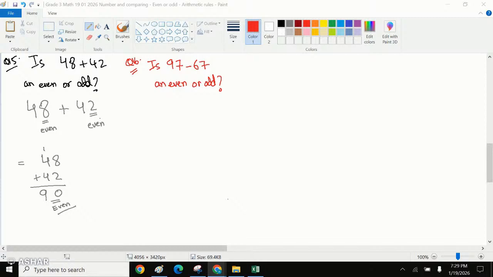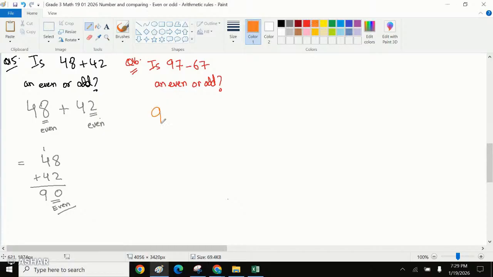Yes, because both the numbers 97 and 67 are odd. So when we are subtracting or adding odd numbers, it will always be even, right? Thank you, May, Baruch, Inspiration, Nate, everyone, thank you. Let's confirm this.